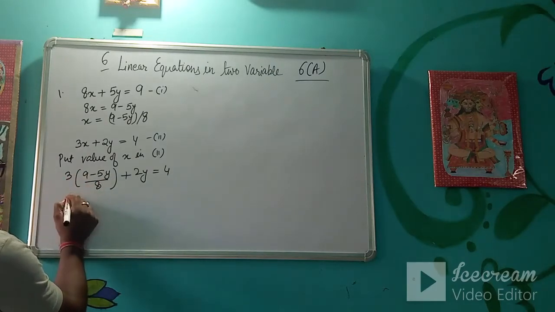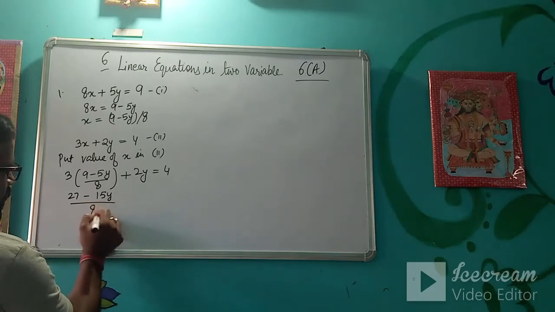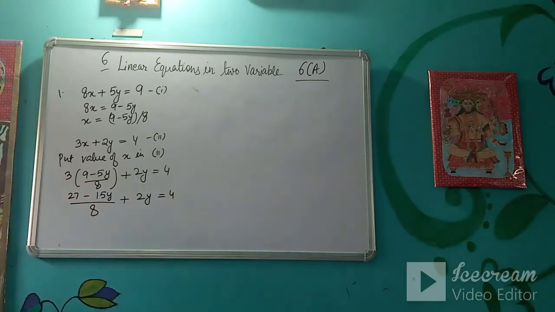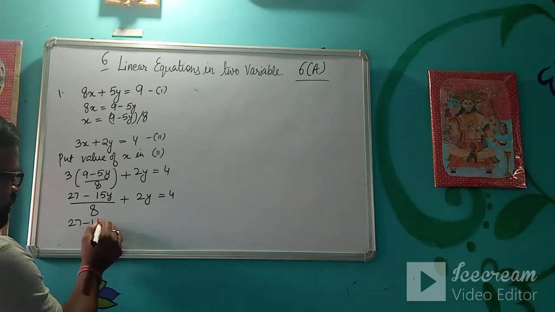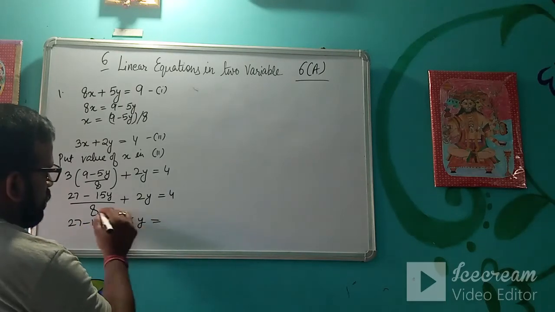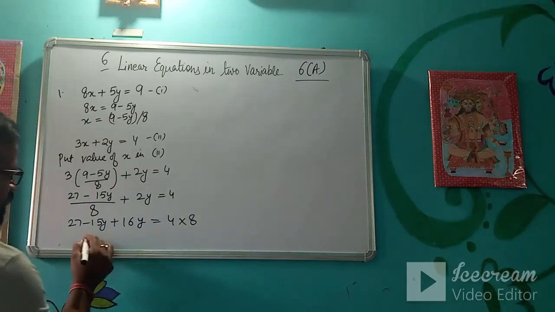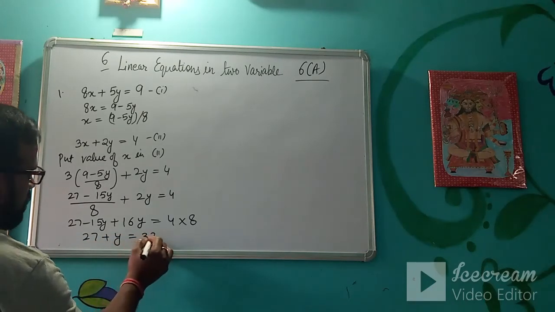Next I will multiply it inside, so it is 27 minus 15y upon 8 plus 2y is equal to 4. Next we take the LCM of 8. So you get 27 minus 15y plus 16y is equal to 4 into 8. So finally it is 27 plus y is equal to 32.